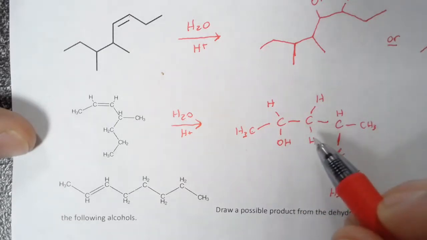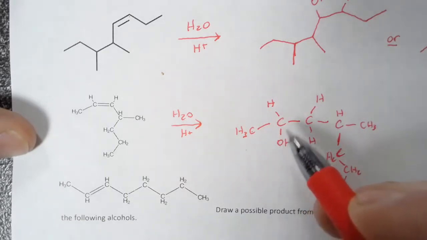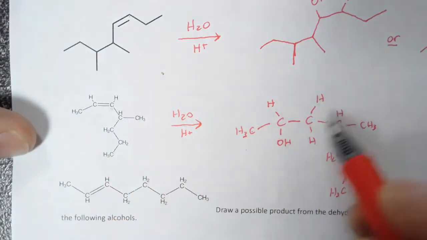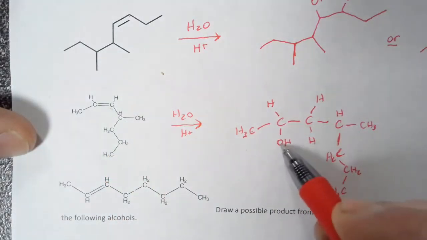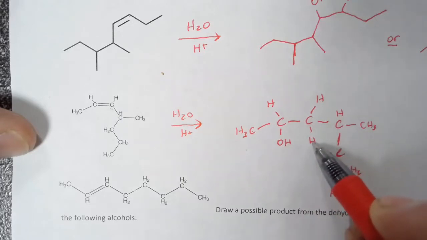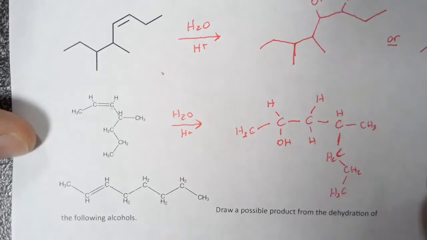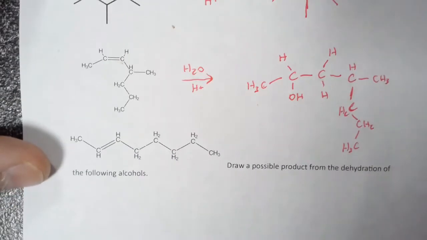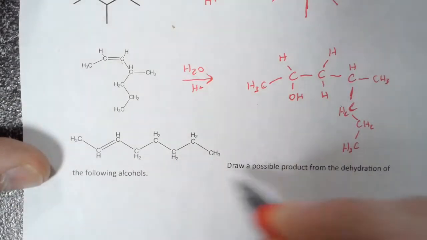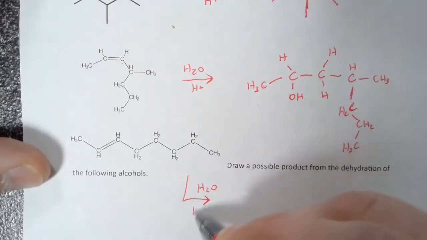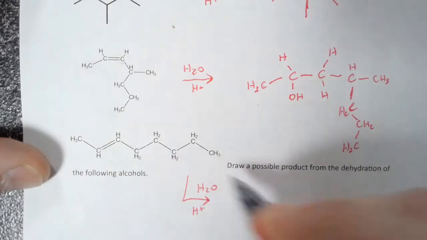And similarly as with the last one, the OH could be on this carbon as well. Okay, so the OH could be here, or it could be on this carbon, and then this H would end up over here. You can see that in the key. On this one, this thing kind of printed all wonky, so I'm going to draw the answer down here.